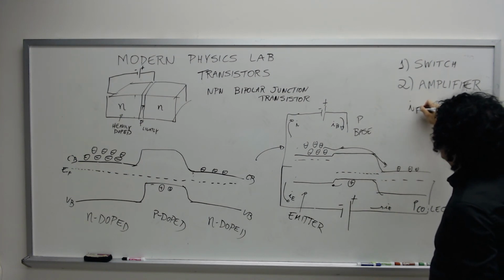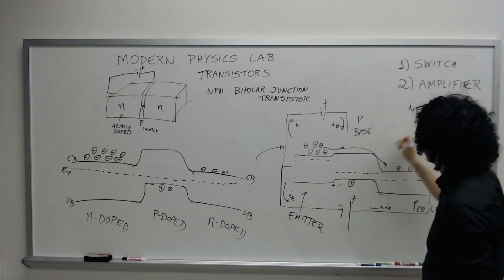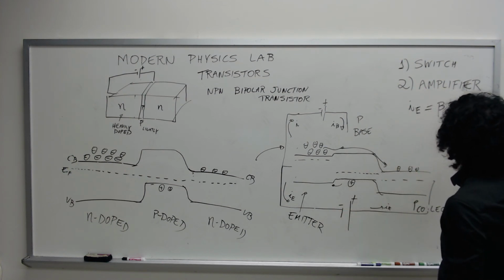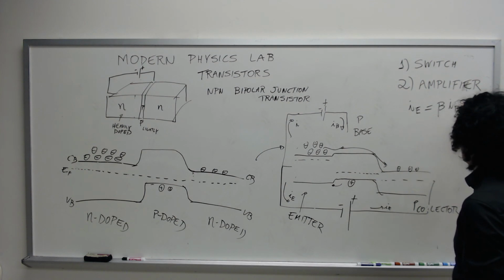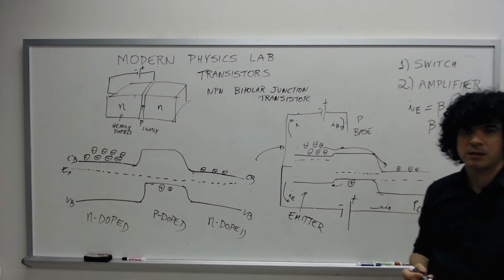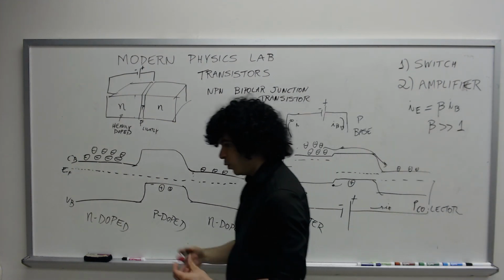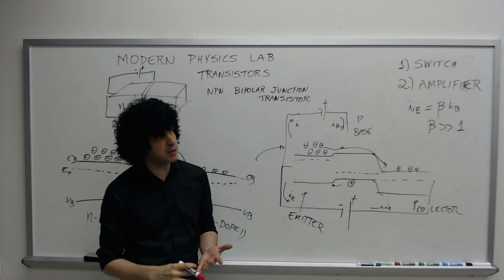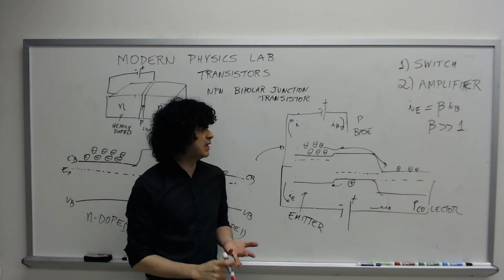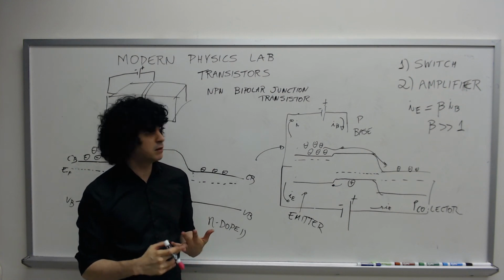So IE, the current in the emitter, will be equal to this amplification factor, beta, times IB, where beta is much larger than 1. So it has two functions: it works as a switch and also as a linear amplifier.